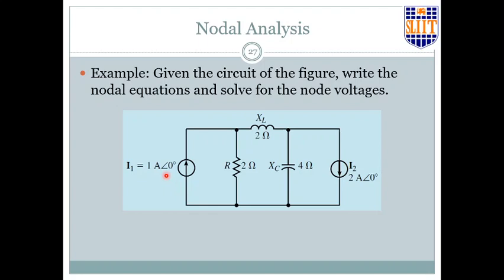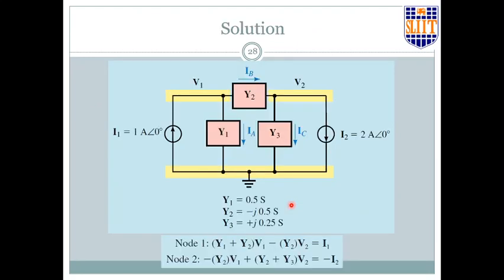Note that this is in the complex number domain, so these two become imaginary values because we have J2 and minus J4. The entire circuit will have to be solved in the complex number domain. First thing is to identify a ground node and mark it. Then you identify the other 2 nodes, and V1 and V2 are marked.